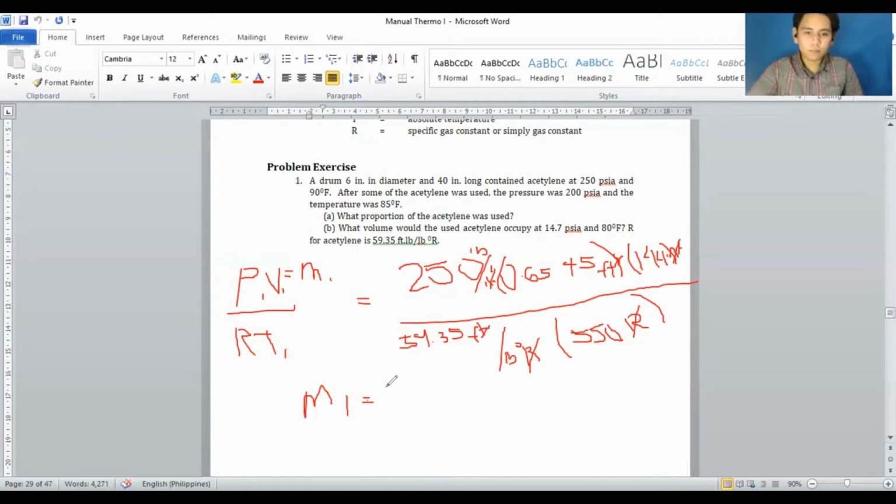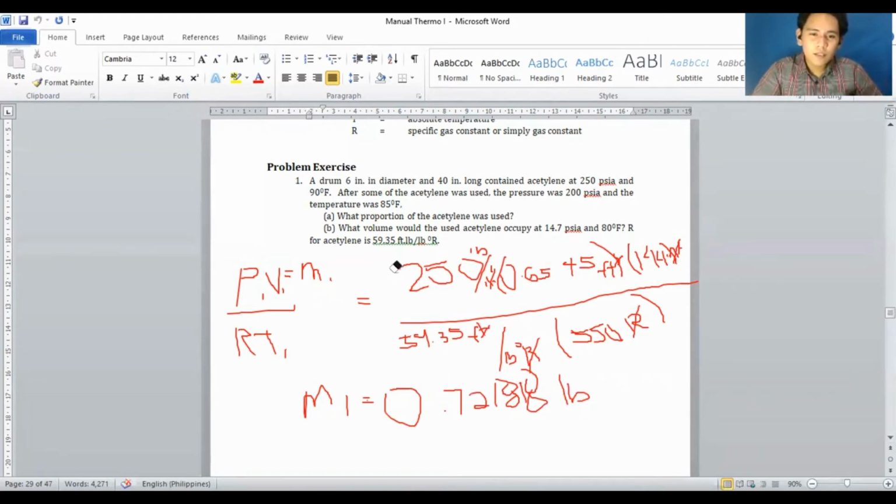The answer is 0.721818. Now that is your pound. Now this is the mass 1 only.